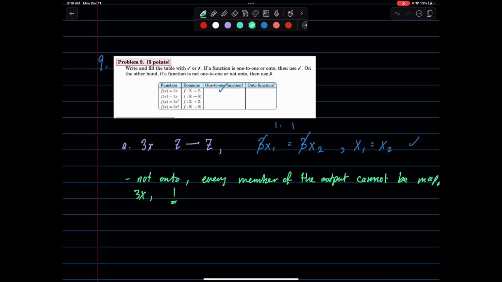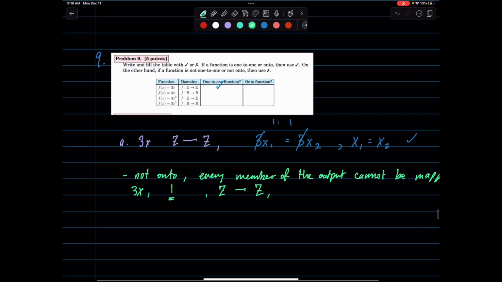The number 1 will never be mapped by this function because it goes from integers to integers. So if it's a one-to-one and an onto function, each integer should have a corresponding input, but the number 1 cannot ever be mapped within the set of integers. So this is not one-to-one. Sorry, this is not onto.